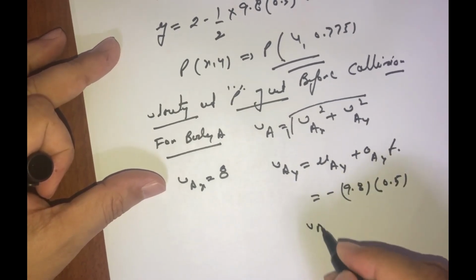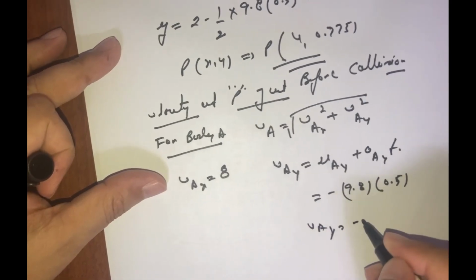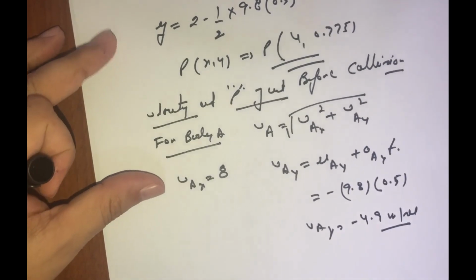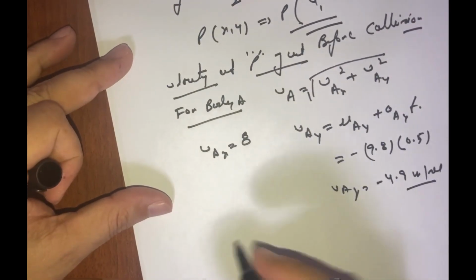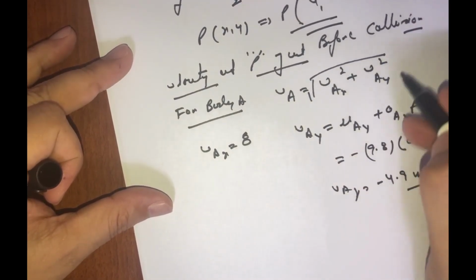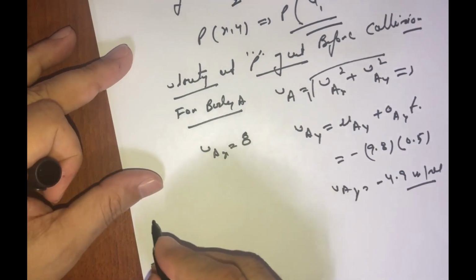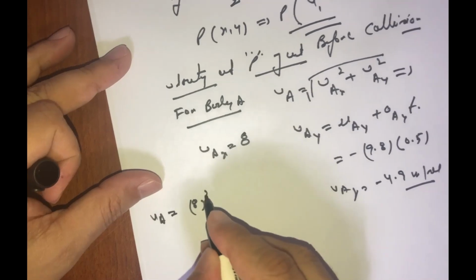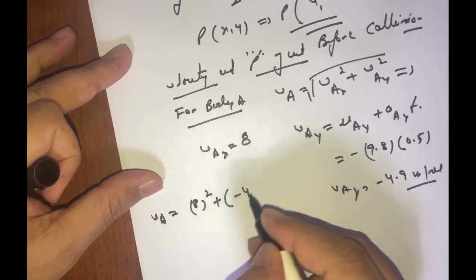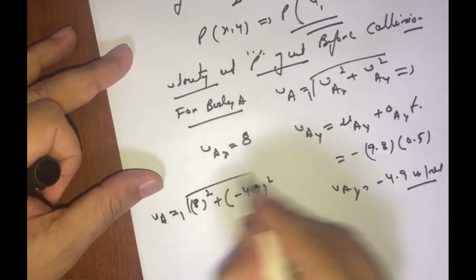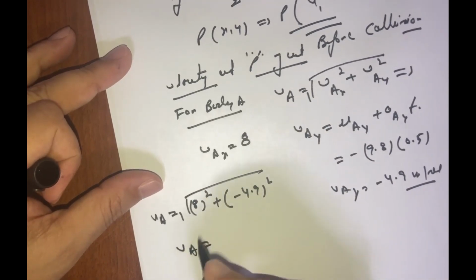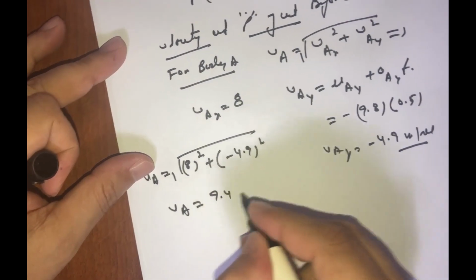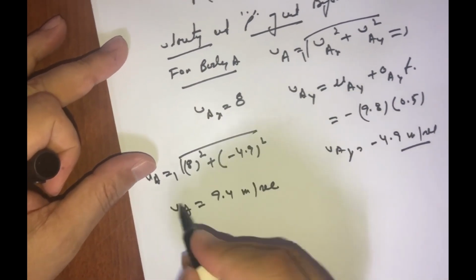So VAY will be equal to minus 4.9 meter per second. Substituting the values of VAY and VAX in this equation, we get VA is equal to the square root of 8 squared plus minus 4.9 squared, and VA can be written as 9.4 meter per second.